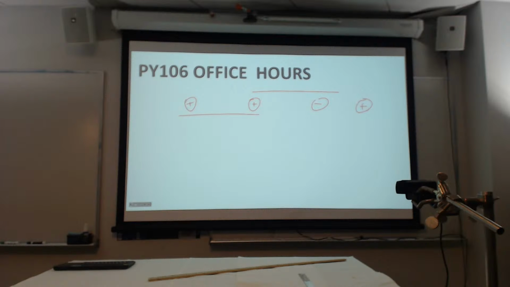How many pairs do you see here in my example? How many different pairs of charges? 1 and 2, 1 and 3, 1 and 4, 2 and 3, and 3 and 4.